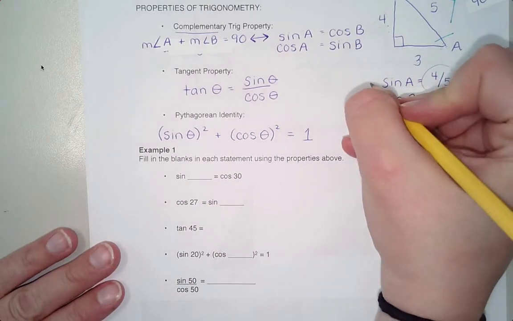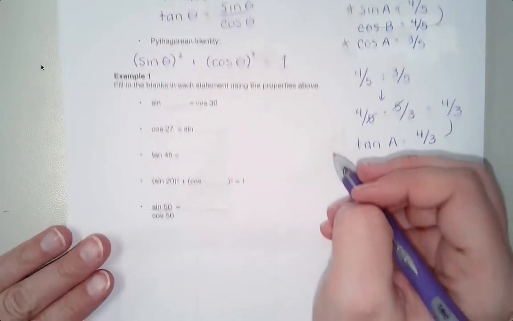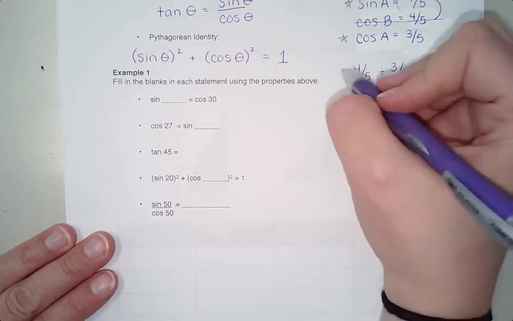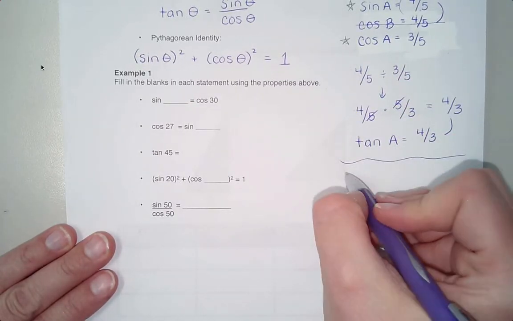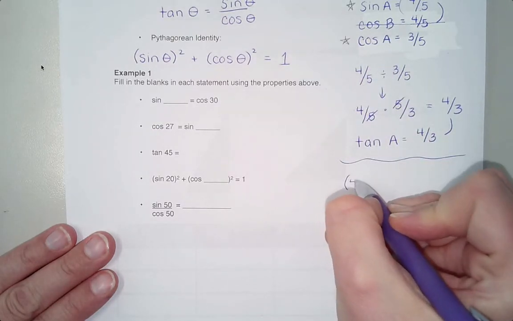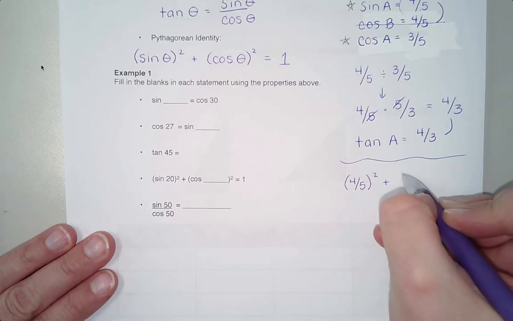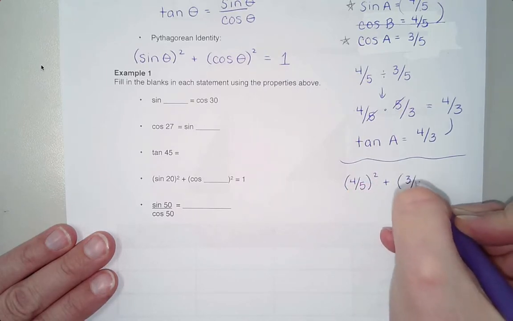So let's try that again. If I'm looking at sine of A and cosine of A, I'll illustrate this down here. The sine of A was 4 over 5, so I'm going to do 4 over 5 squared. The cosine of A was 3 over 5, so 3 over 5 squared.